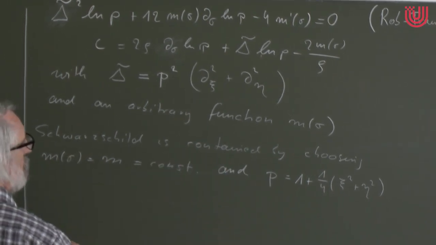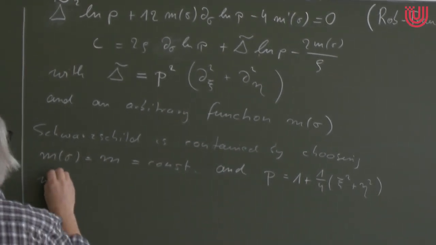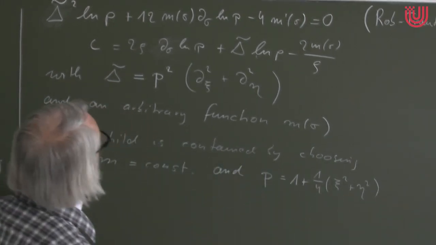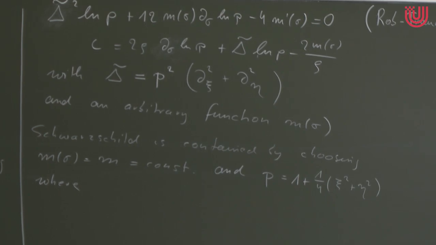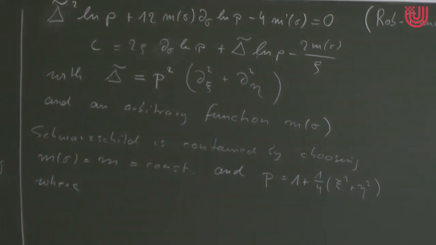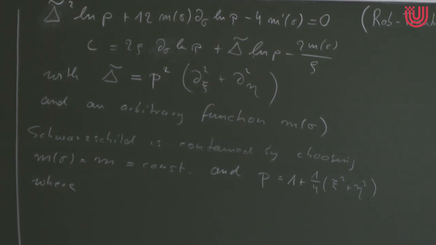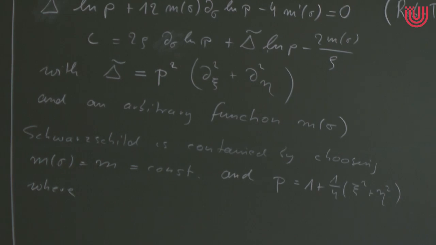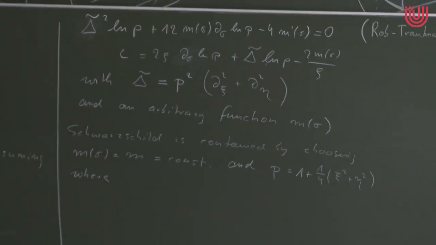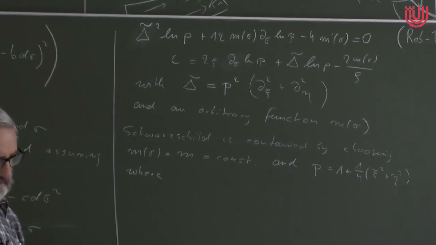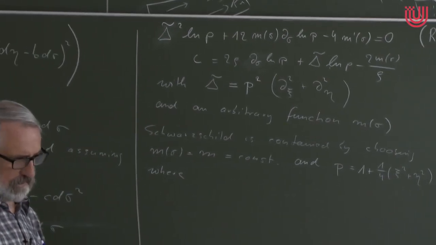By choosing P, where psi and eta, these Cartesian-like coordinates, look at the metric. So they have a Cartesian-like property. If you want to transform this into the usual angle coordinates, then you do the stereographic projection backwards. So psi and eta are coordinates in the plane.